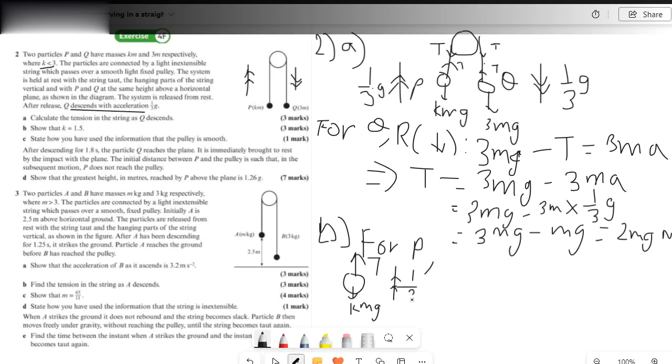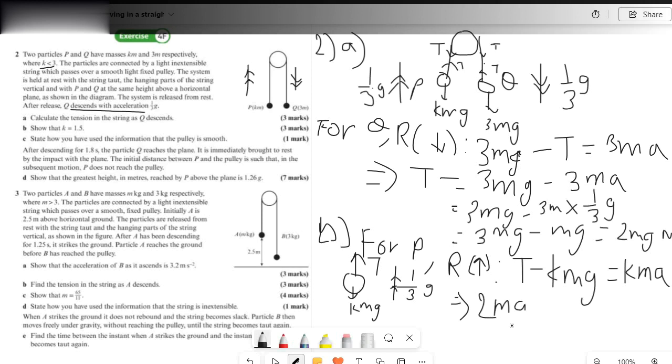So this is 1/3 g, and resolving vertically upwards, we can say that tension subtracted with kmg is equal to km multiplied with acceleration, following the formula of resultant force F equals ma. So, tension being 2mg, we can write 2mg subtracted with kmg is equal to km times 1/3 of g.